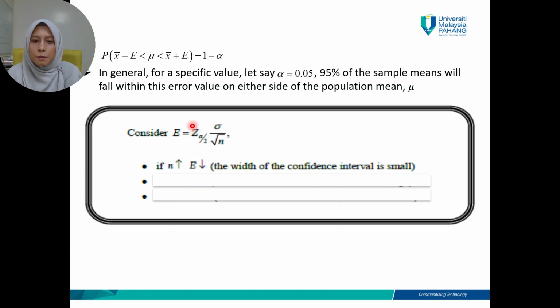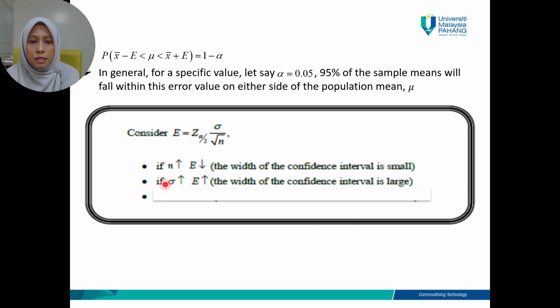Mathematically, if you look at this formula, if the denominator here is bigger, then it will give you a smaller E. So if you want a smaller estimation error in your parameter estimate using confidence interval, then you should collect data from a large sample size. Increasing your sample size will give you better estimation.